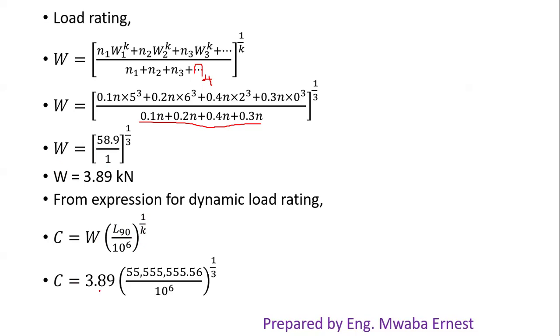My C is equal to, I mean, W is 3.89. L90 is 555.56. Then I have 10 power 6. Everything raised to power 1 over 3. So from there, I have my dynamic load rating as 3.816.